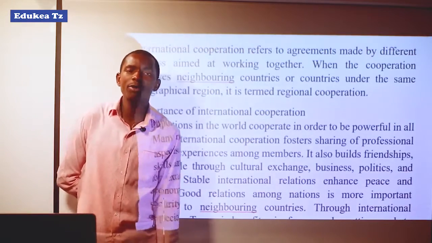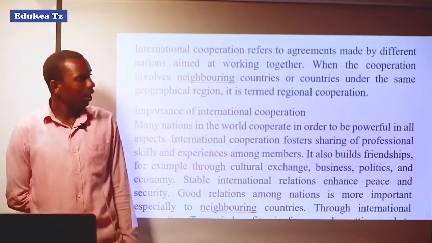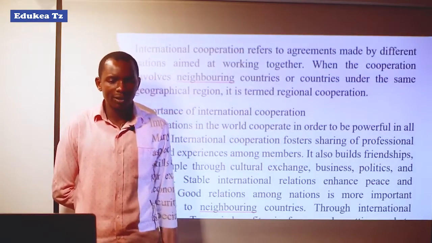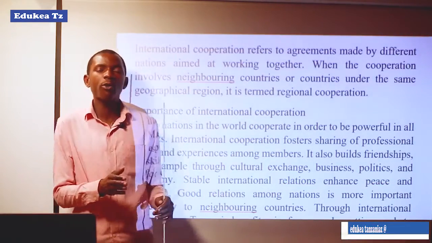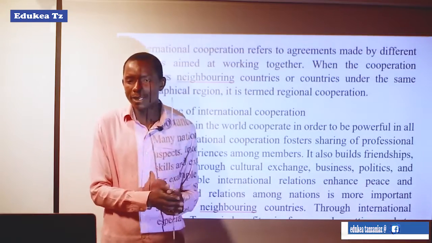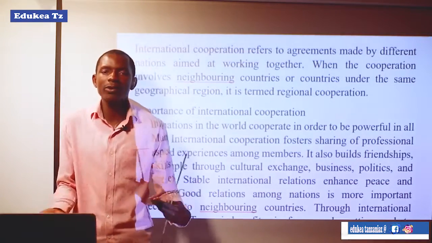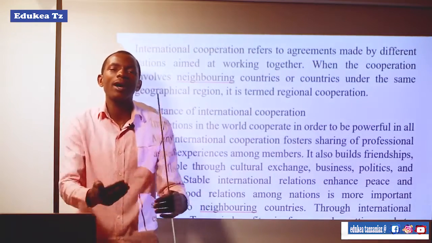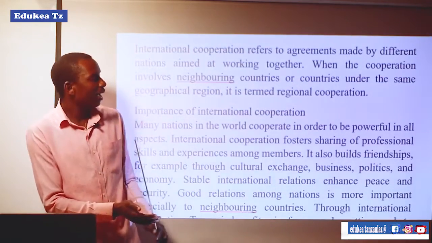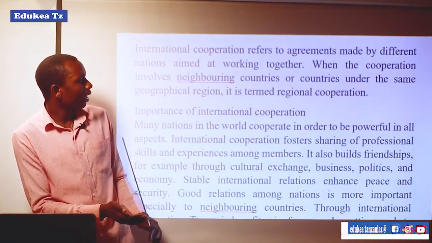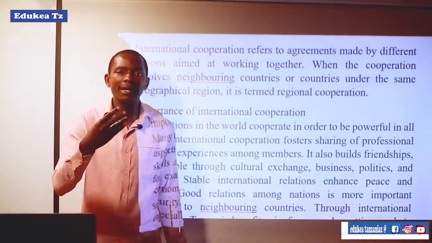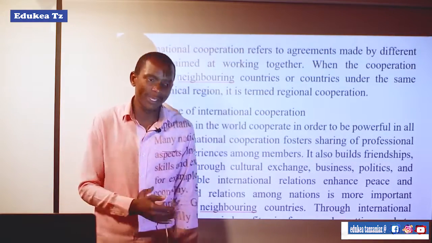When I'm talking about international cooperation, these are the several agreements which people coming from different areas sit at the table and agree on, about their aims which have been set so as to achieve them.